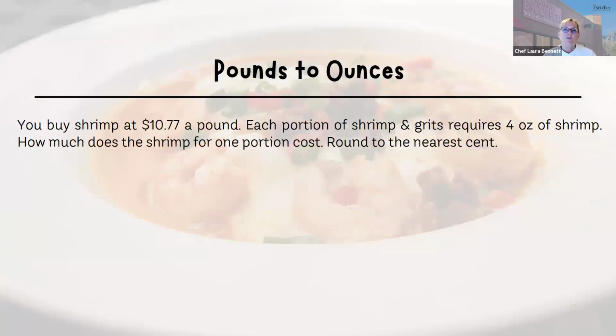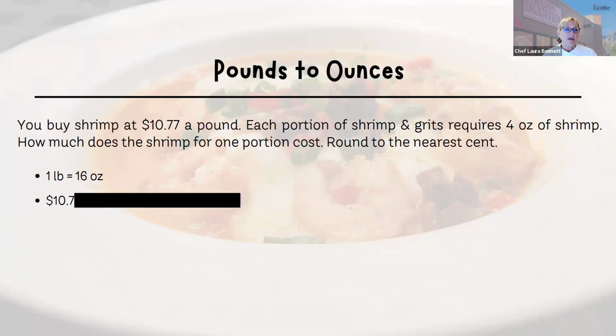All right, so now we're going to go from pounds to ounces. You buy shrimp at $10.77 a pound. Each portion of shrimp and grits requires 4 ounces of shrimp. How much does the shrimp for one portion cost? And we're going to round it to the nearest cent. 1 pound equals 16 ounces. $10.77 divided by 16 ounces gives me my cost per ounce.